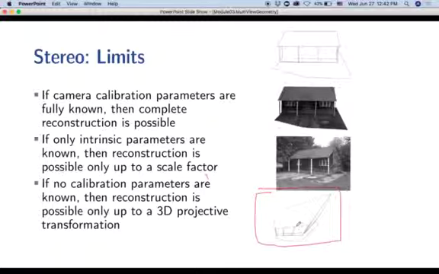I'm not discussing or proving it, I just stated the result of that theorem. So bottom line, if you want to get real world measurements constructed properly, both your cameras should be calibrated. You should know the K1, K2, R, and T of the second camera with respect to the first one.